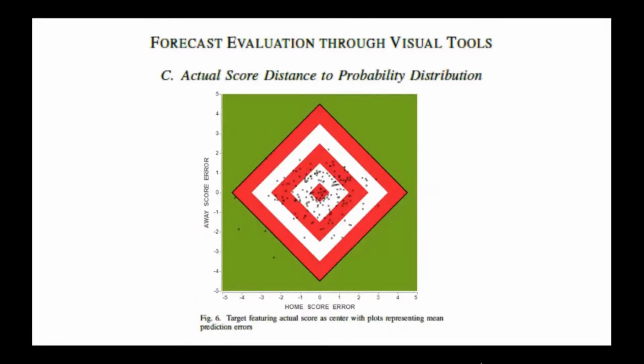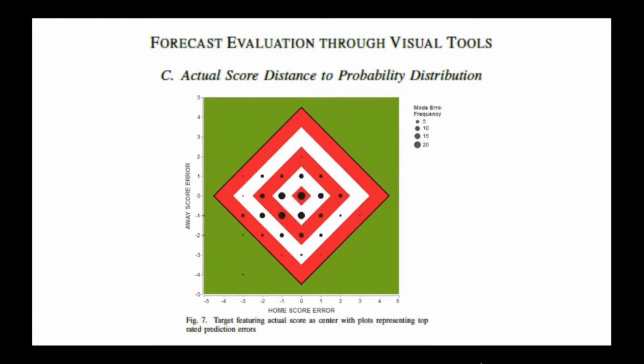The third one is the actual score distance to probability distribution, or the error relative to some distribution representation, like the mean of the distribution. We can use the mode of the distribution as its representation and take the error to the mode. And that's our 4 evaluators.